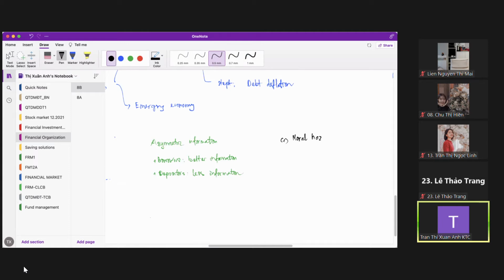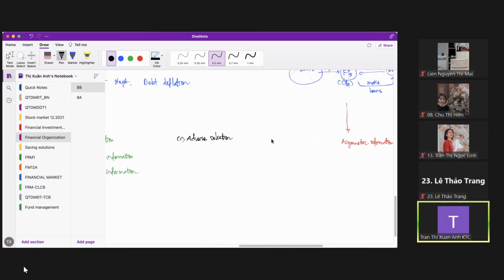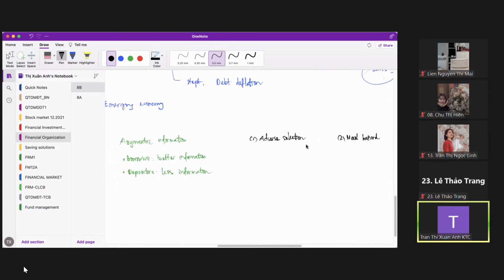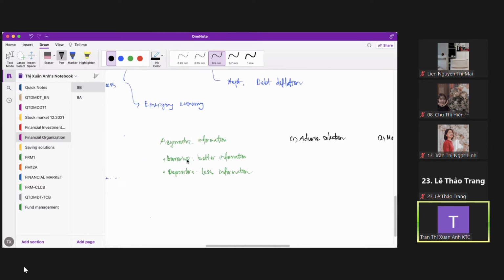I should mention adverse selection first, and then we will talk about moral hazard later. So what does adverse selection mean between the borrowers and depositors here?